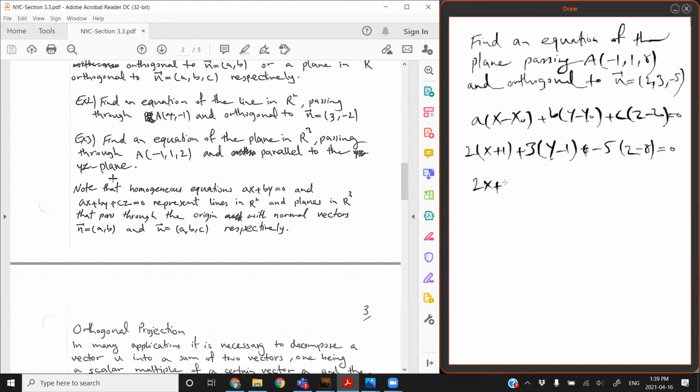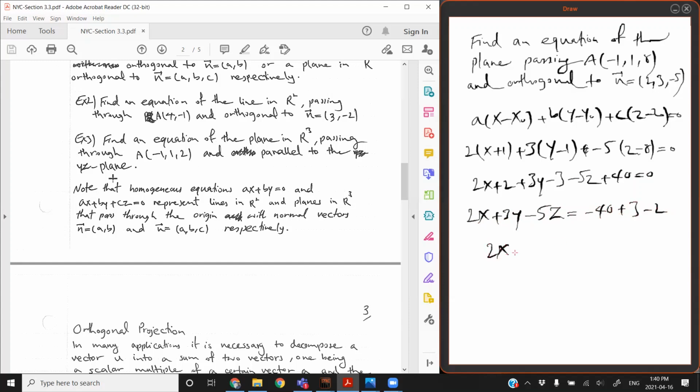So I get 2x plus 2 plus 3y minus 3 minus 5z plus 40 is equal 0. I can actually move every number to the other side. I get 2x plus 3y minus 5z is equal minus 40 plus 3 minus 2.